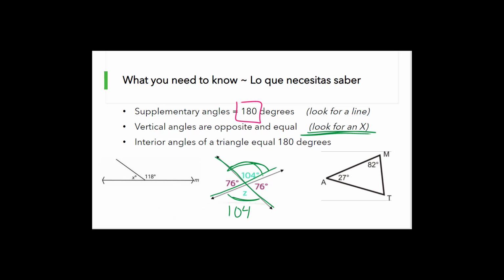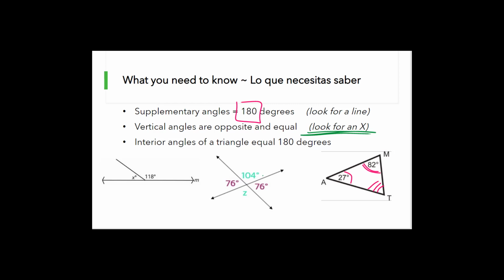Okay, now I'm going to talk about the last one, which is the triangle angle sum theorem. And that is that all three angles in a triangle equal 180. So this angle, and this one together equal 180.